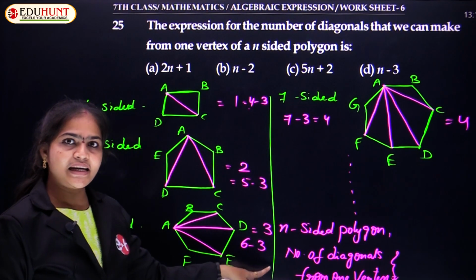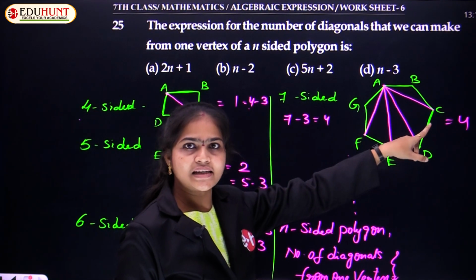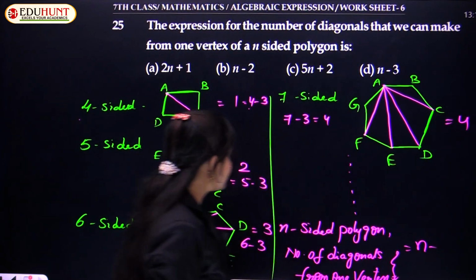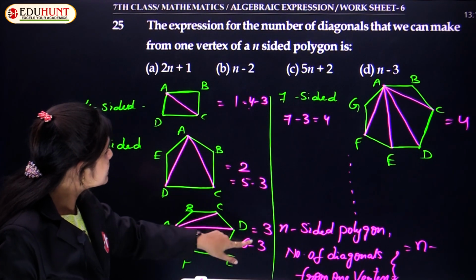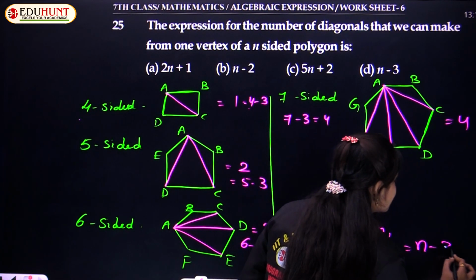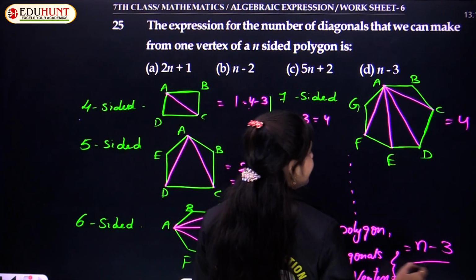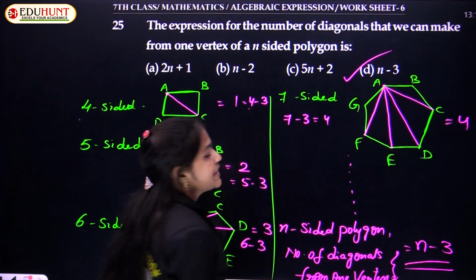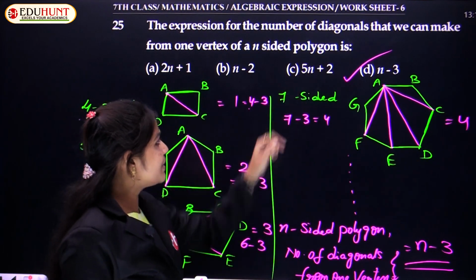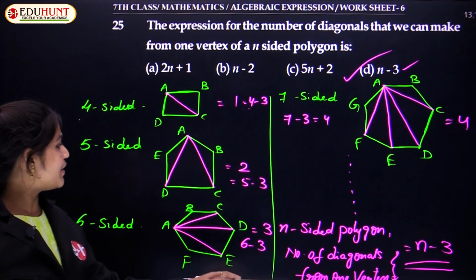A 6-sided figure, 6 minus 3, 3. A 7-sided figure, 7 minus 3, 4 diagonals. So for an n-sided figure, in every case we subtract 3, then only we get that answer, right? That's why n minus 3. Finally, if it is an n-sided polygon, then from any one vertex we can draw n minus 3 diagonals. Understand, ma? This is the final conclusion.